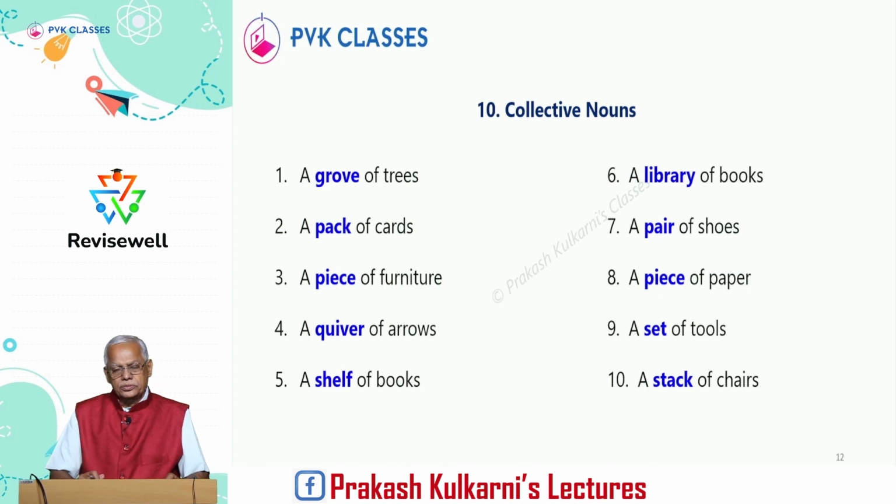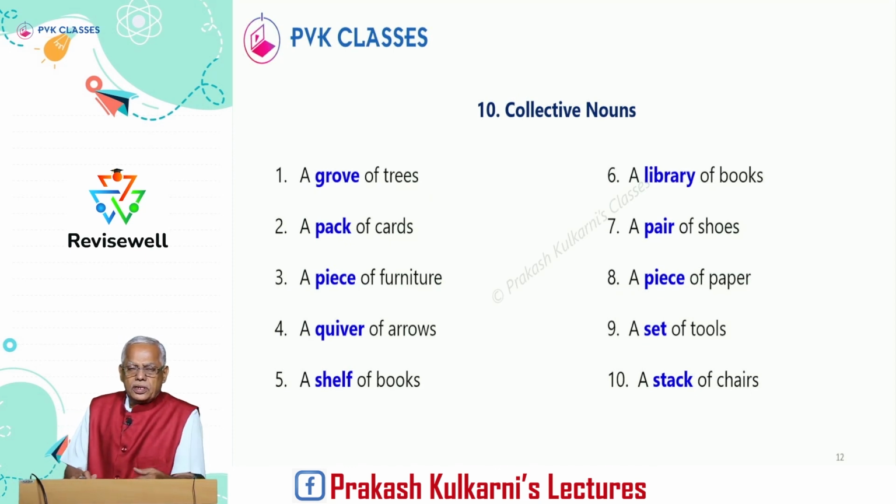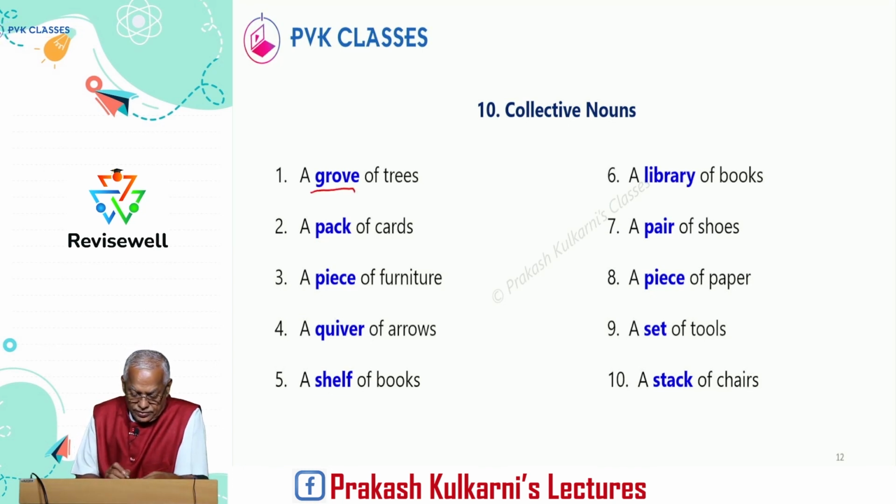And coming to the last 10 collective nouns. Now, a grove of trees. A pack of cards. A piece of furniture.